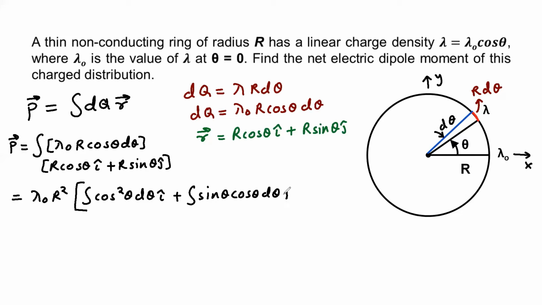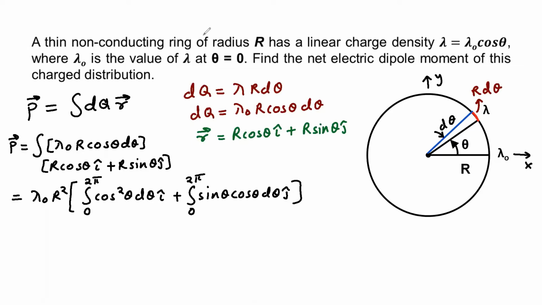Now, what would be the limits of this integration? Theta would be from 0 to 2 pi. You'll have to consider all the elements, right? So it is going to be from 0 to 2 pi.